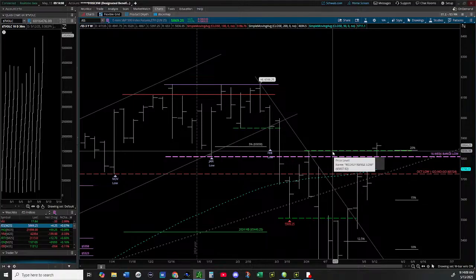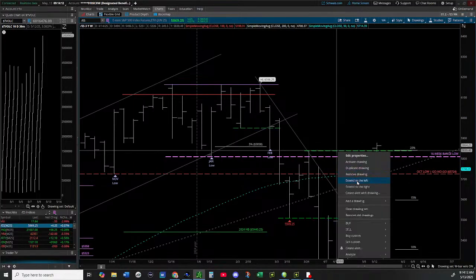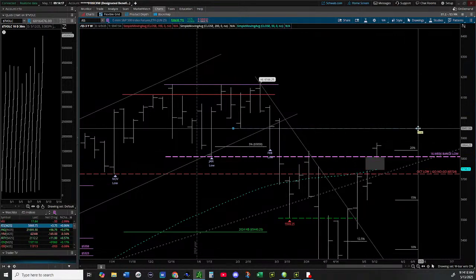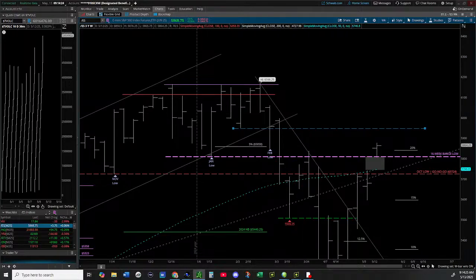Why do I have this one here? No, this is not good. Remove it, it has nothing to do here. This is the one. This could be the next thing, if there's any upside here. And why do I say that?